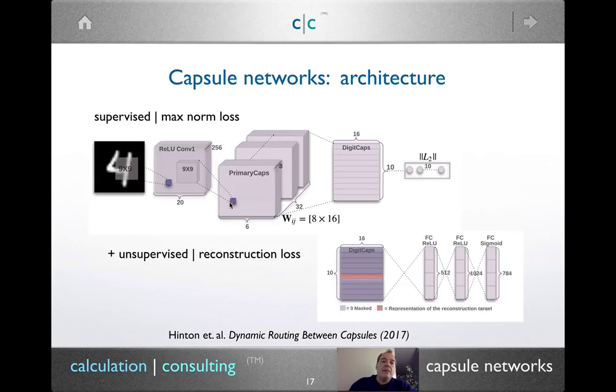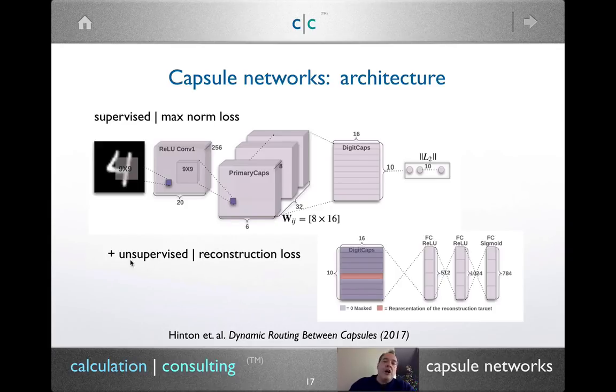So instead of applying the max pooling, we're going to replace that with just transforming the convolutional maps. We're just going to reshape them into vectors. And then they get mapped into something called digit caps, which is a higher order capsule layer. And then there's a max norm loss, an L2 norm loss, which allows us to do classification. Again, we're going to train this on something like an MNIST data set. There are going to be 10 classes, and this is what the architecture looks like.